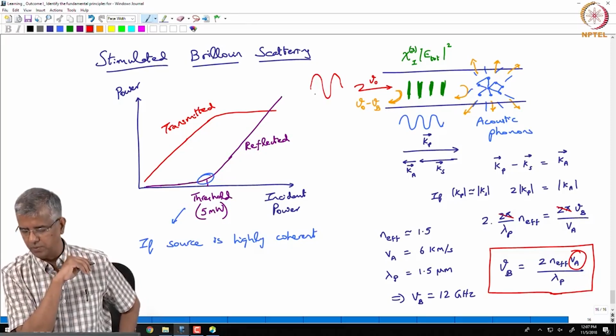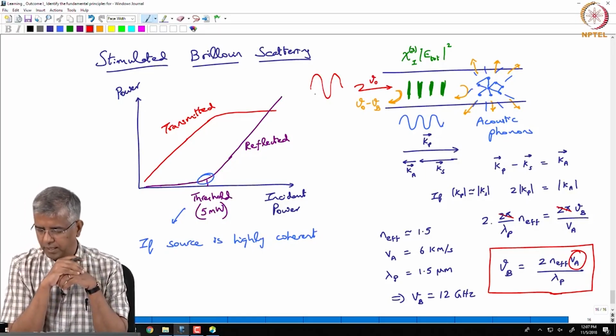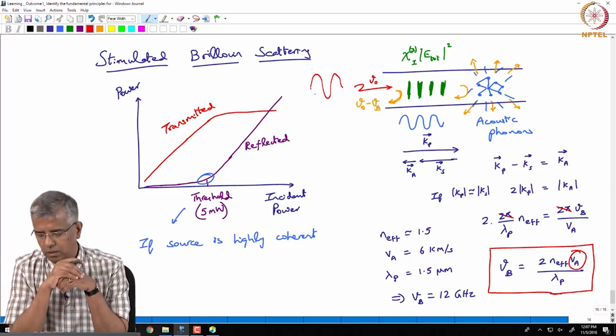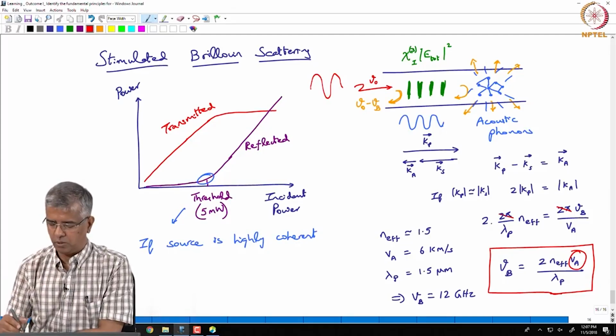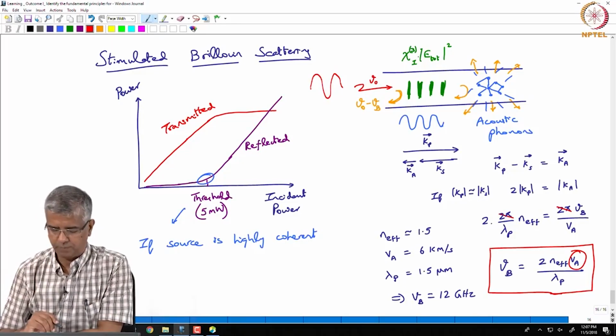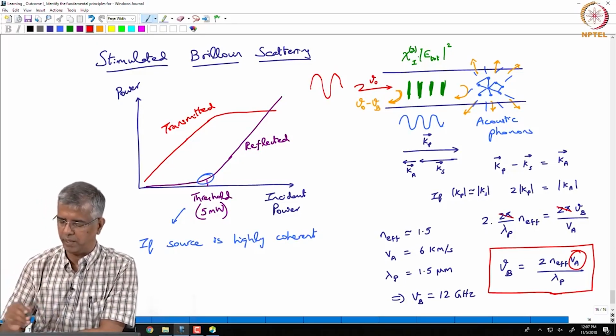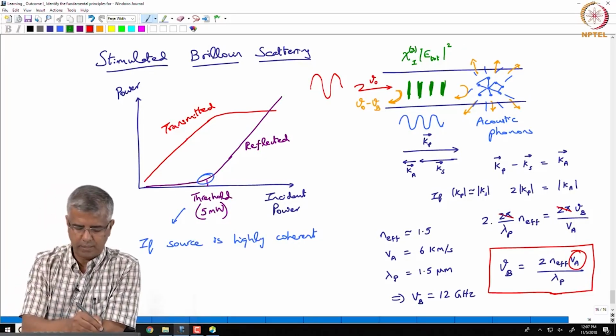We looked at the specific case of how this happens in an optical fiber, and we said that the scattered light is beating with the light that's incident, and that beating provides a change in the refractive index, and this change corresponds to Chi3 multiplied by the magnitude of the total field squared. This is through a process we call electrostriction.